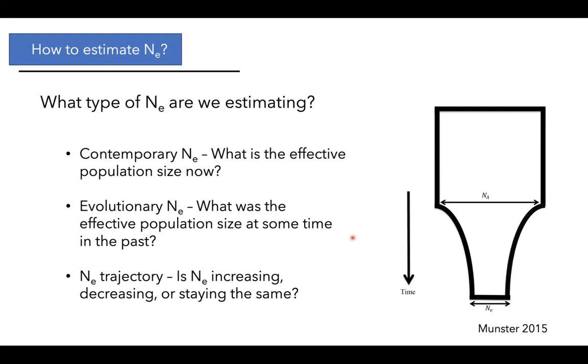There are other methods, and we're not going to have time to talk about them now, that just look at the change in NE. Some of them don't even give you any quantitative estimate of NE. It just tells you, is NE increasing? Is it decreasing? Is it staying the same? In some cases, that might be enough of an answer.